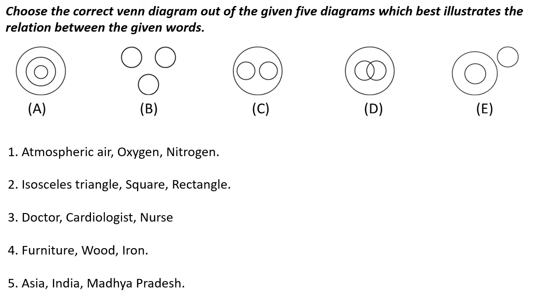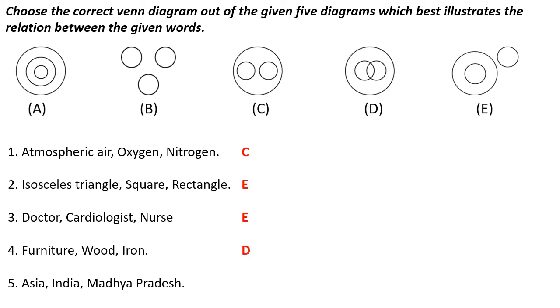The very first, atmospheric air, oxygen, nitrogen. The answer for this is option C. Number 2, isosceles triangle, square, rectangle. The answer for this is option E. Number 3, doctor, cardiologist, nurse. The answer is option E. Number 4, furniture, wood, iron.